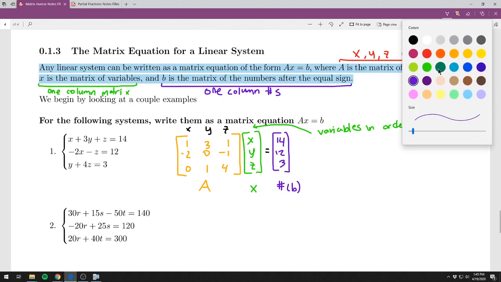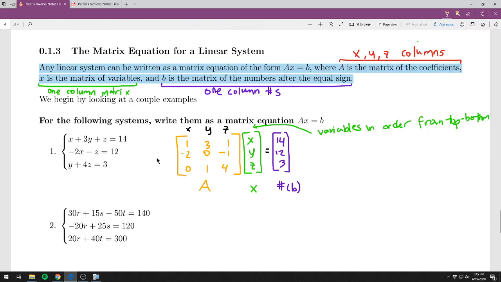All right, now the reason this works is if you multiply these out. I'm not going to actually do it because it gets a little messy. But if you multiply these out, think about going across the row and down the column. The first one would give you 1x plus 3y plus 1z, which is exactly this, equals the top number 14.